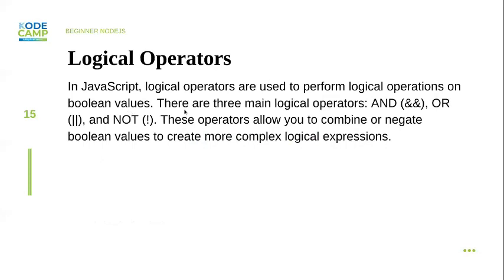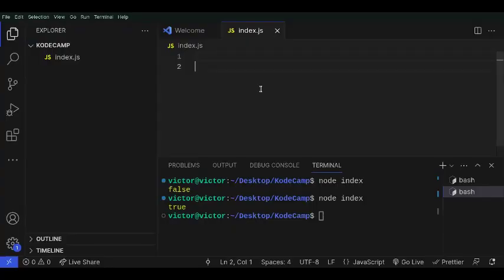So the logical operators, right? The logical operators are used to perform logical operations on Boolean values: and, or, and not. These operators allow you to combine logical expressions. Okay, so let's go back to our VS Code, and I'm going to explain how that works in case there are people here that don't understand how that works, because this might be your first time writing a JavaScript program.